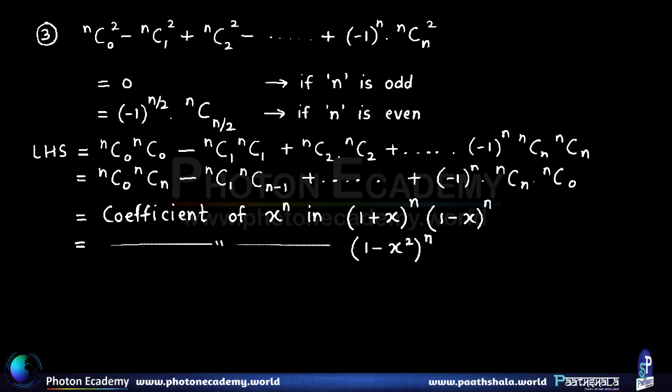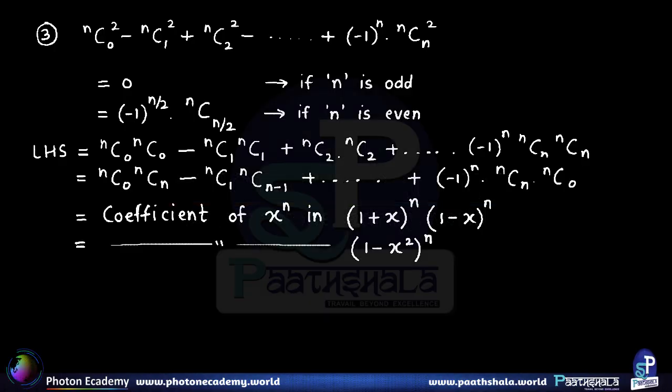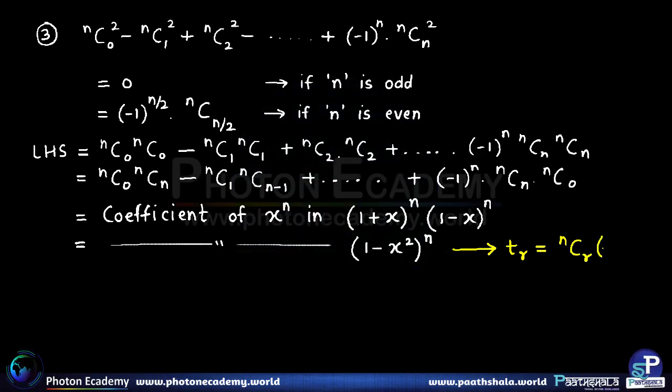Now here we have to find the coefficient of x raised to n in (1 minus x square) the whole raised to n. If we consider a general term in this expansion, say T(r plus 1), this will be equal to nCr into (minus x square) the whole raised to r. Here we consider the general term as r plus 1 if we are writing r on the right hand side.